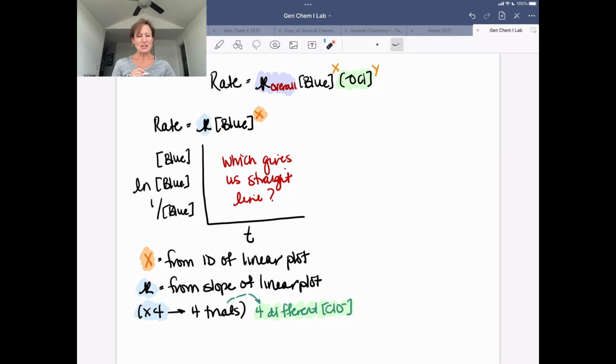And that's important because we've got four rate constants for four trials that are paired up with four different concentrations of bleach. Okay, so that's why we have four rate constants. We did four trials from four different concentrations of bleach. So now we're going to move on and we're going to use this data, specifically these rate constants and these four different concentrations of bleach, to determine the reaction order with respect to that hypochlorite ion.